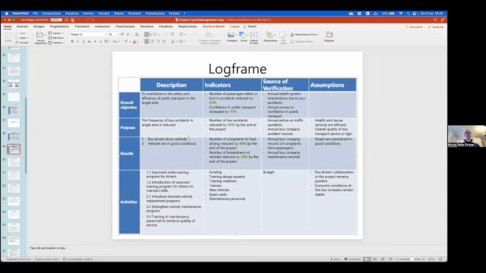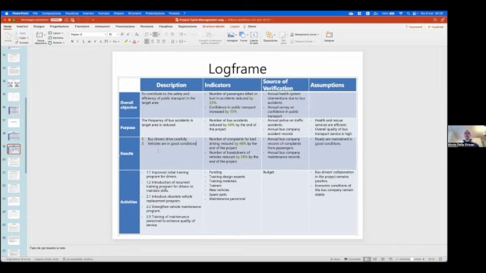An important aspect is that the activities should be identified in relation to each result. So we can use the numbering, which is what you usually use, to clearly identify which activities are linked to each result. So for result 1, we have activities 1.1 and 1.2, and for result 2, 2.1, 2.2, etc. So this is quite important.